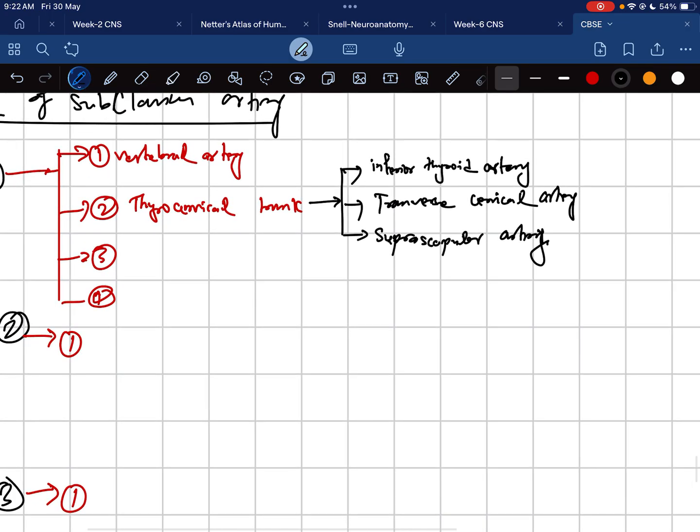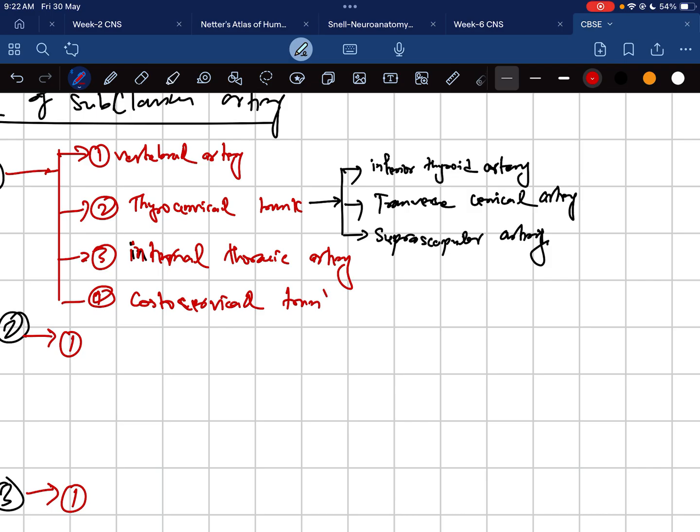When we look at the third branch of the first part of the subclavian artery, there is the internal thoracic artery. And the fourth branch of the first part is the costocervical trunk, present on the left side only.